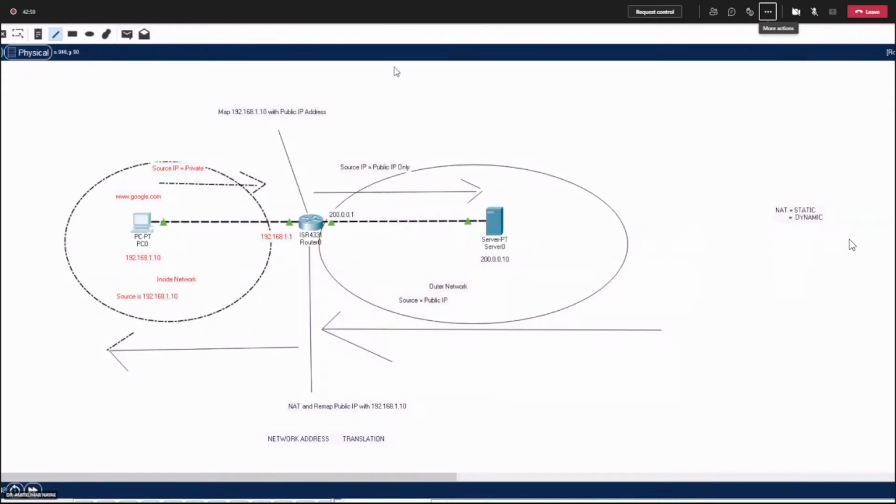This other portion is the portion of the internet. So the internal network is hidden, and Router 0 is mapping the private IP address with the public IP address. So what is the difference between a private IP address and a public IP address? Do you know the difference?